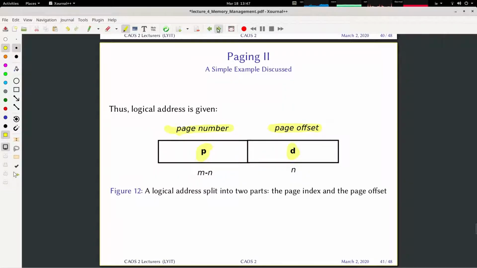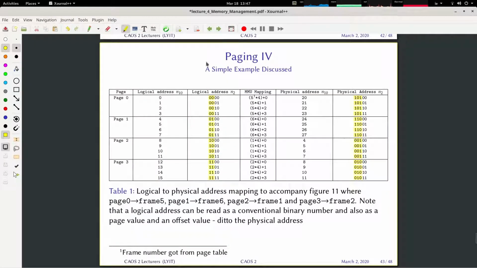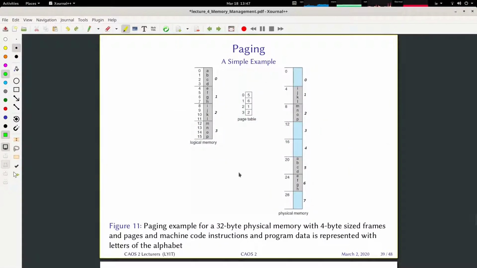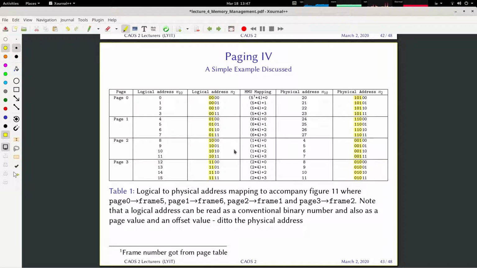And we see the table which shows the mapping of logical addresses to physical addresses. The table on slide 43 is intended to be reviewed with the content of figure 11 on slide 39. So I'll Alt-Tab back and forth between the two slides, and I think that's what you should try to do as well as we discuss this.